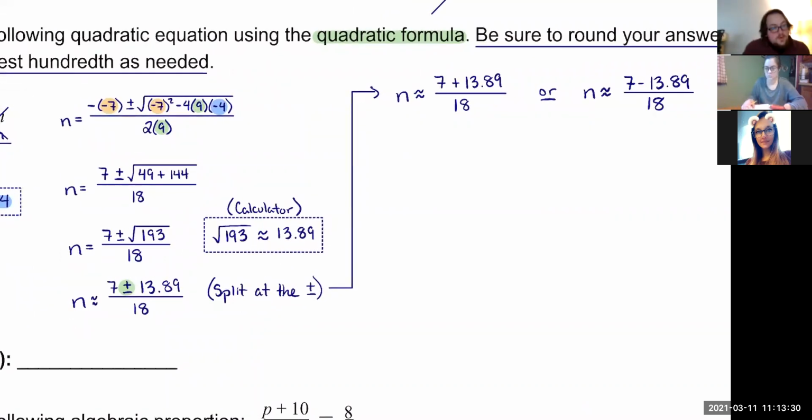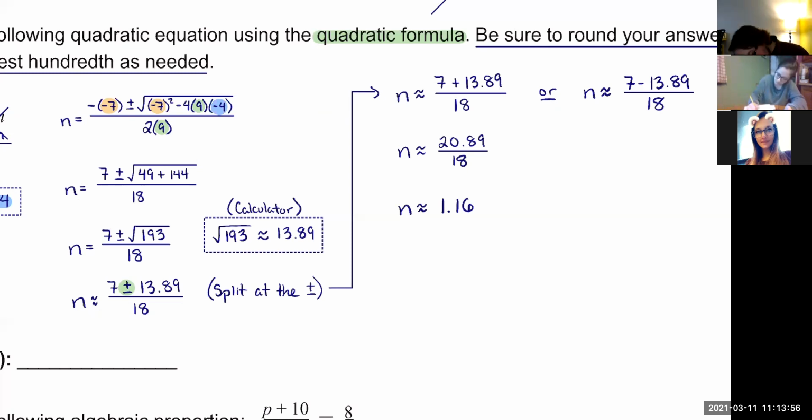So solving one of these at a time, 7 plus 13.89 here on the left, 20.89, and when you divide 20.89 by 18, 1.161. So 1.16 if we're sticking to the nearest hundredth.